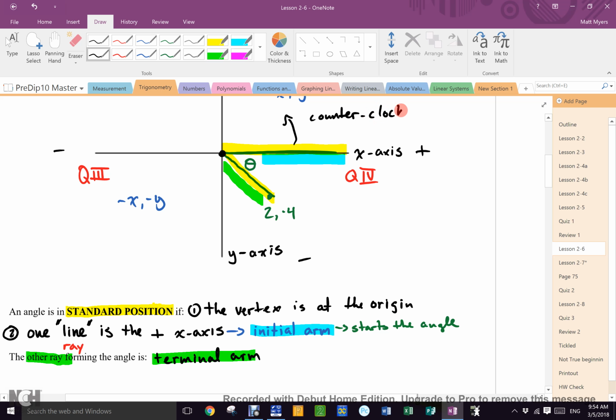Unless you're in Europe, and then it's anti-clockwise, as opposed to uncle-clockwise.